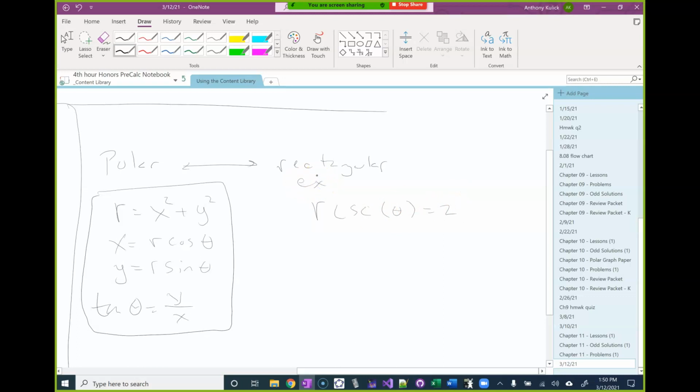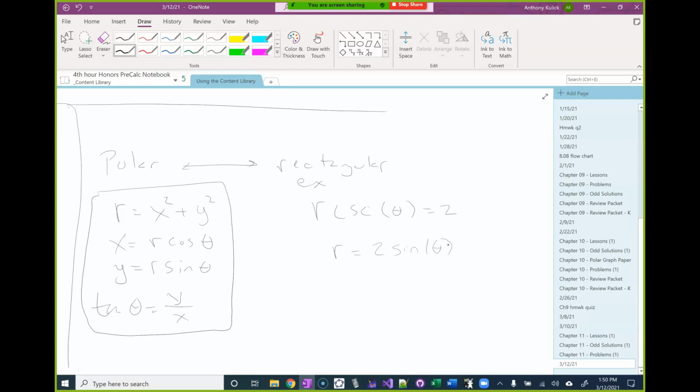We're going to try to convert this into a rectangular coordinate. So I'm going to start by isolating the r. I'm going to multiply both sides by sine theta, because I know that sine and cosecant are reciprocals. So when I multiply both sides by sine, the cosecant cancels out. Everybody okay with that? Okay.